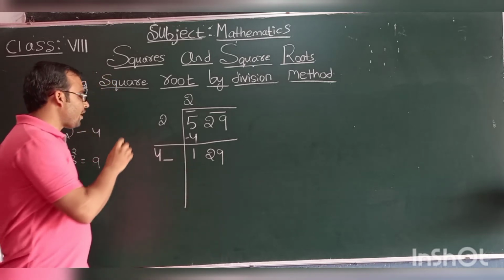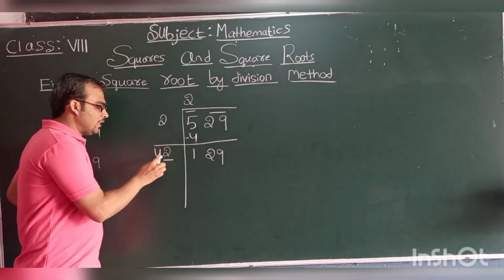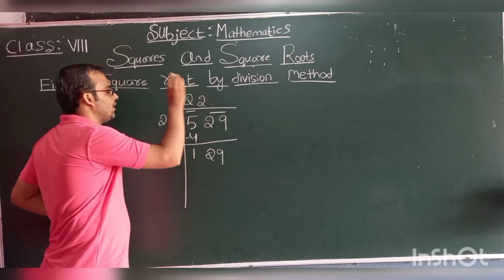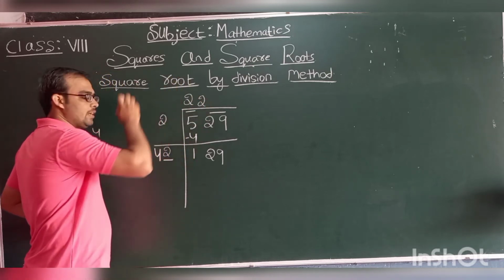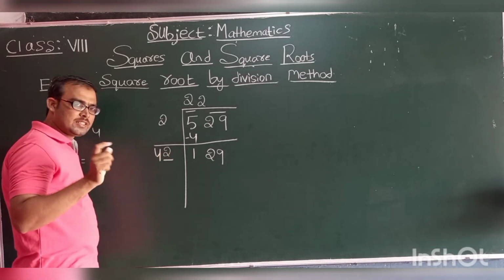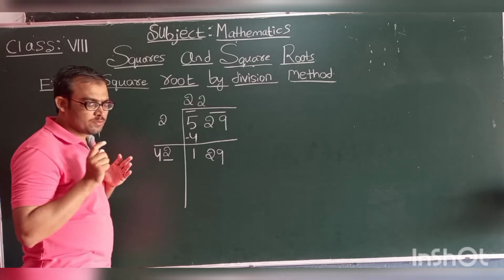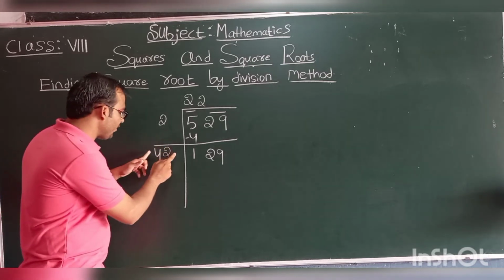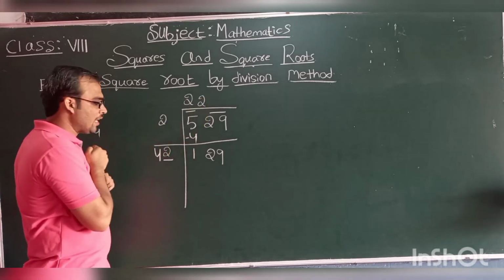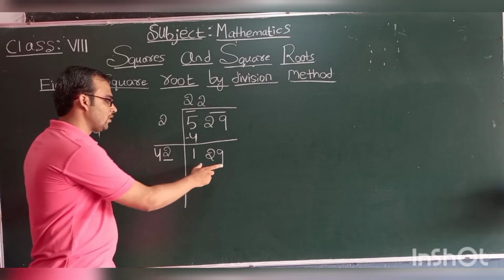If I fill this blank with the digit 2, then the same digit I need to write here. Now 42 will be the new divisor. Then what is the fourth step? The product of the new divisor and the new digit in the quotient must be equal to or lesser than this number.